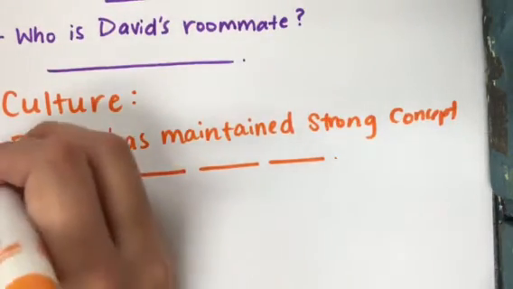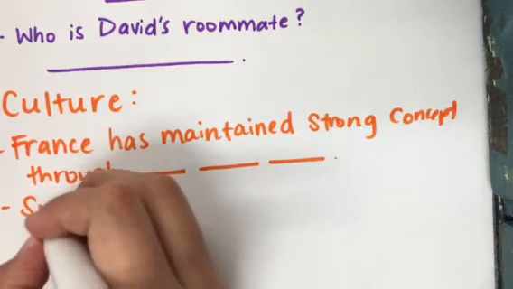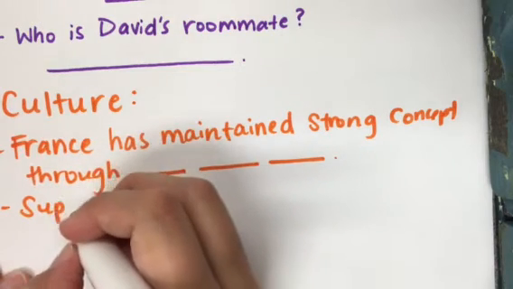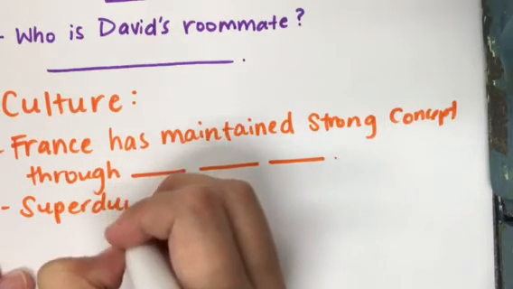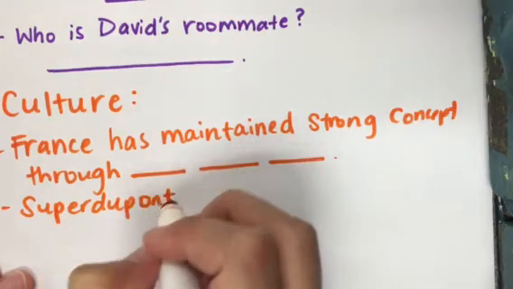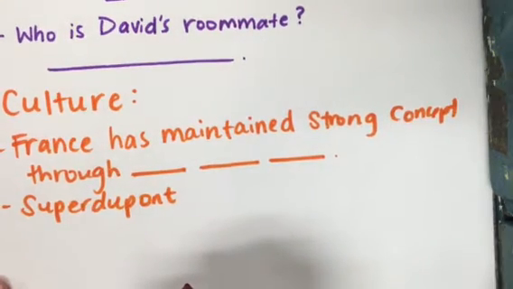And then the other question related to culture is on Super Dupont. Remember that superhero? He's always accompanied by something.